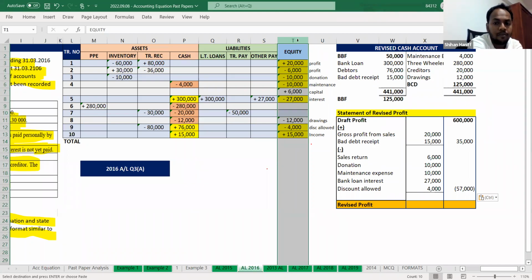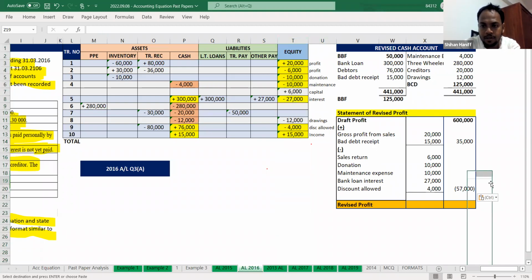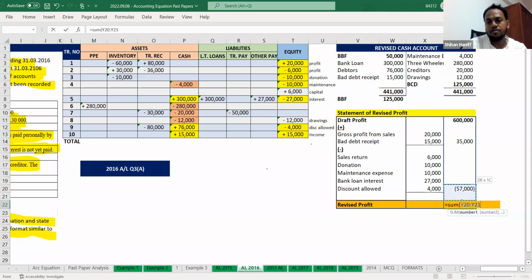Income and expenses are given in the equity column. So that is why we consider only the equity column. Okay, so let's complete. This is the method. The easiest method is this. So 570.